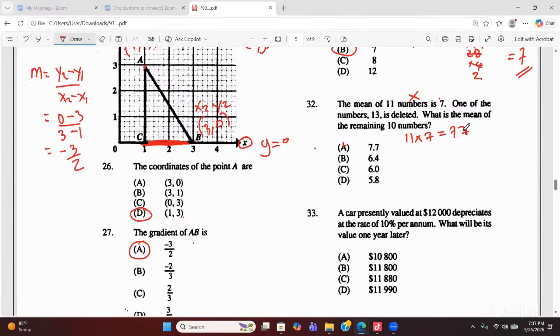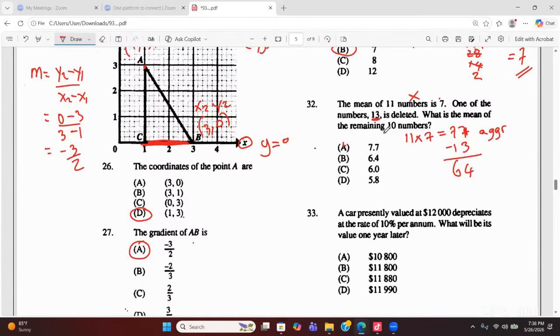Before you divide it by 11, it was 77. That is why if you divide the 77 by 11, you get 7 to be the mean. So this is the aggregate. This is called the aggregate, okay? Now, we are saying that 13 came out of the total, so you subtract your 13, you get 64. Now, when you subtract 13, you're left with 10 numbers, not 11 anymore.